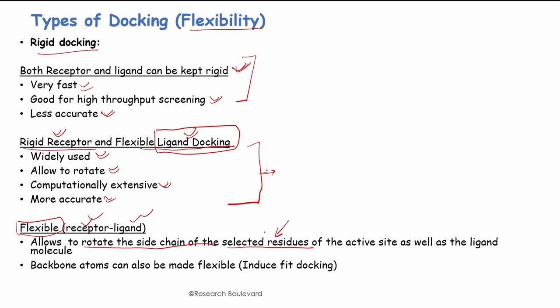If you are looking for more flexibility, you can make the backbone atoms of the receptor flexible as well as the ligand, and then it is called induced fit docking.